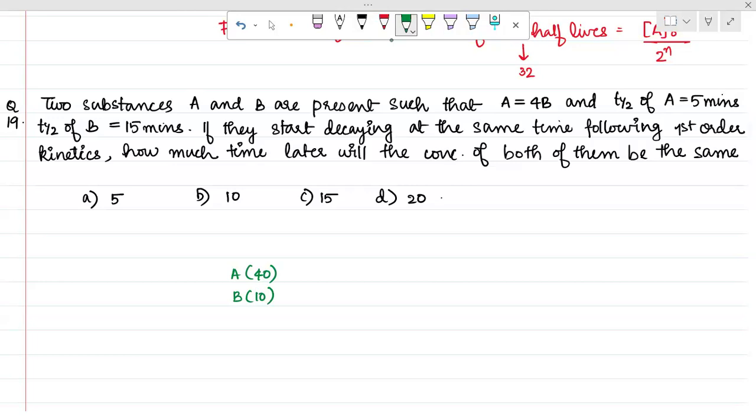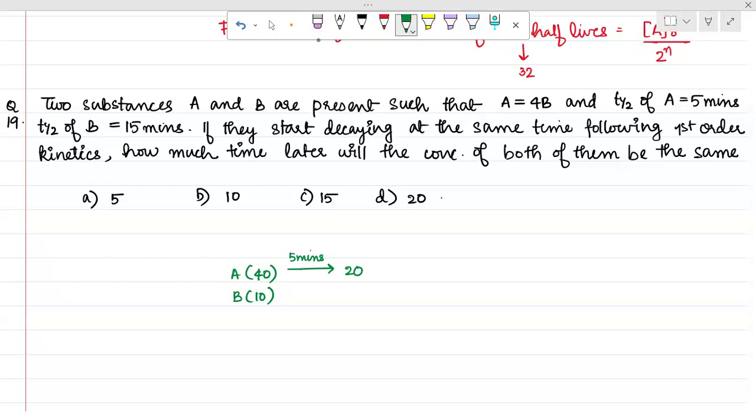Now it's given that t half of A is equal to 5 minutes. T half means how much percentage will be reduced? 50% will be reduced, correct? So for A, after 5 minutes, it was 40, 50% will be reduced and it will reach 20 units.